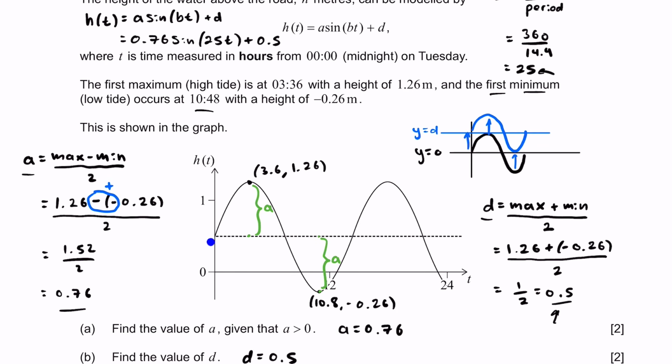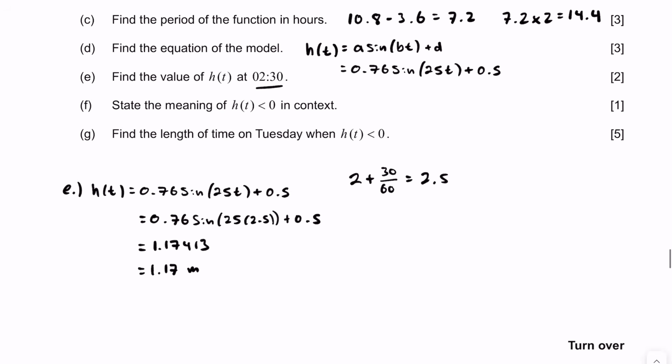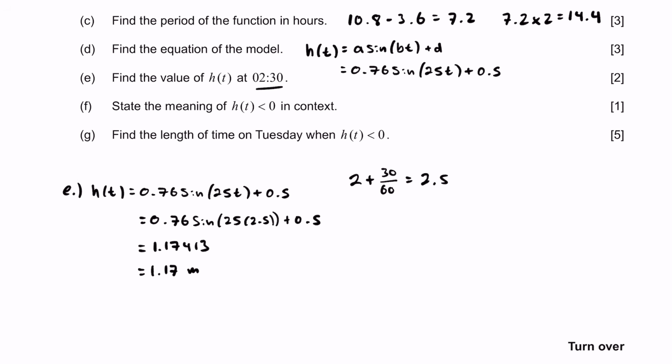So when h of t is above 0, the waterline is above the road and it's not accessible. When h of t, the height of the water, is below the road, well, then the water is below the road and the road is accessible. So if we want to state this in context, what does h of t is less than 0 mean?